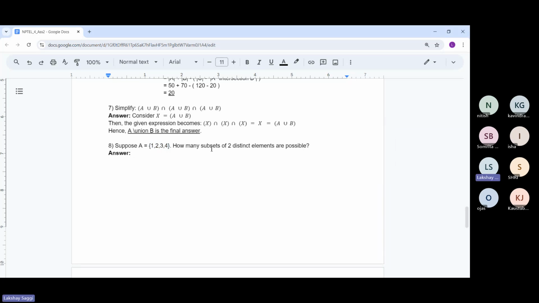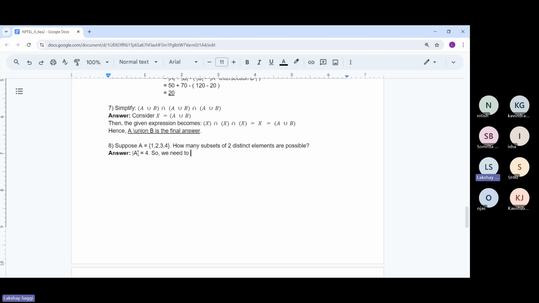So how many subsets of two distinct elements are possible? Here we are given a set of four elements and we need to select any two distinct elements out of these, and that will give us one subset. And we need to find all such subsets. So first of all, we notice that the cardinality of A is 4.